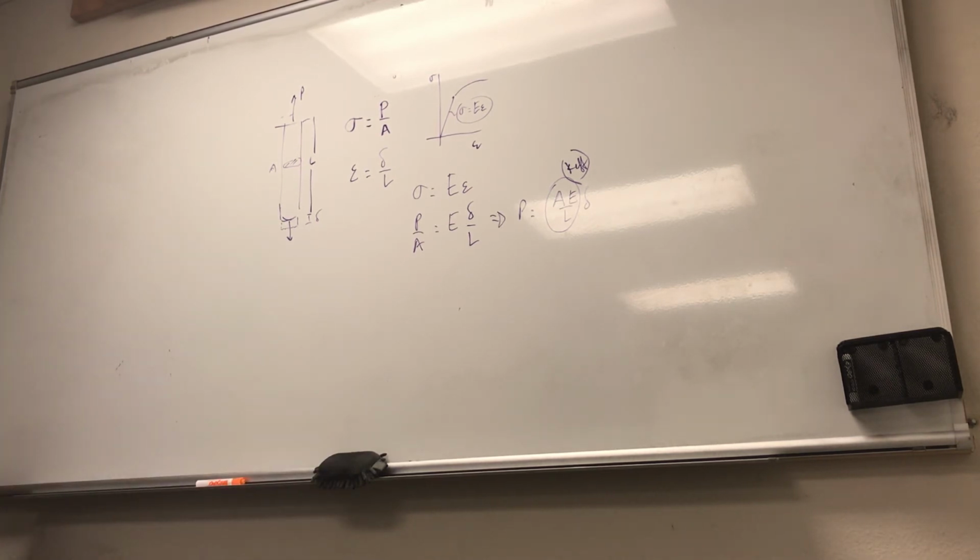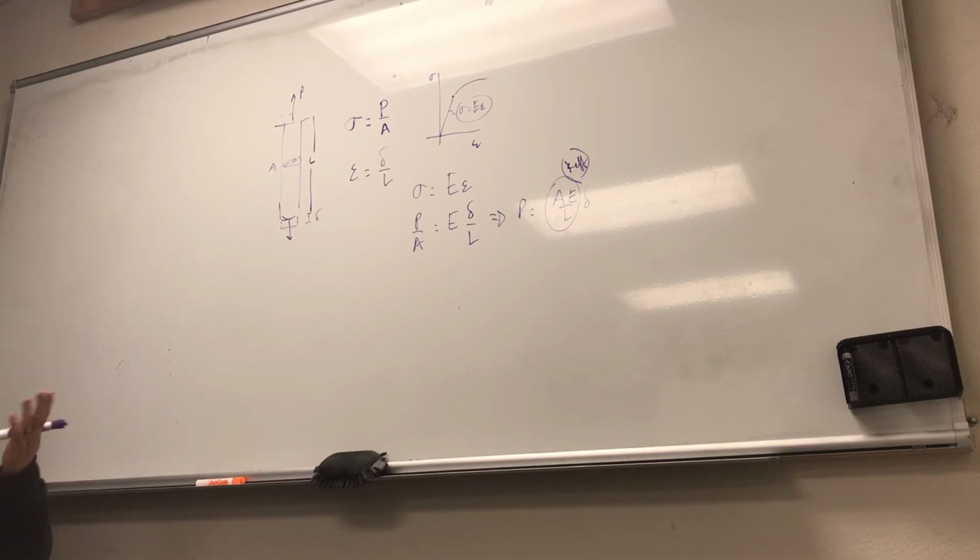So if a spring is a soft spring, that means K is small, the X will tend to be large. But if a spring is very stiff, that means K is high, for an applied force, the X is going to be small. So nothing out of the ordinary here.